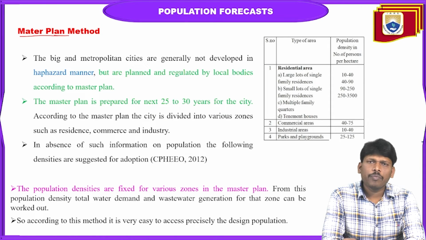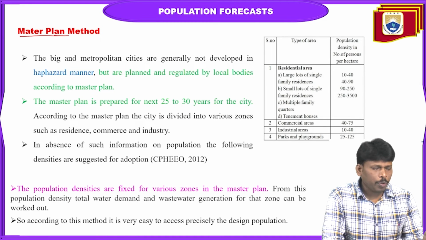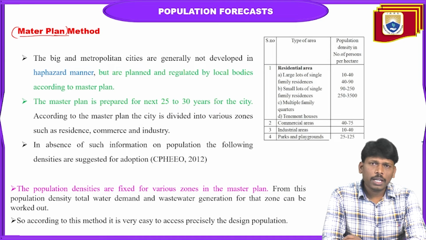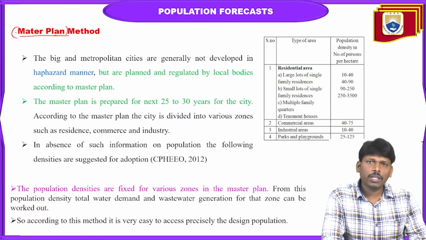For example, if you take Hyderabad, there is no proper planning. So in that case, if you use a master plan, we can accommodate the population density for n number of decades.